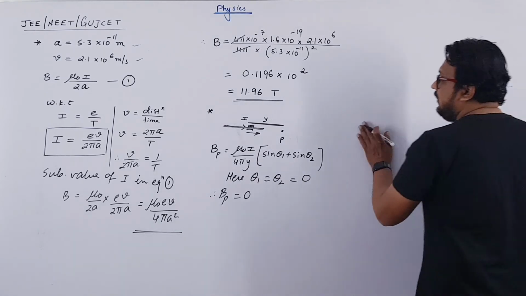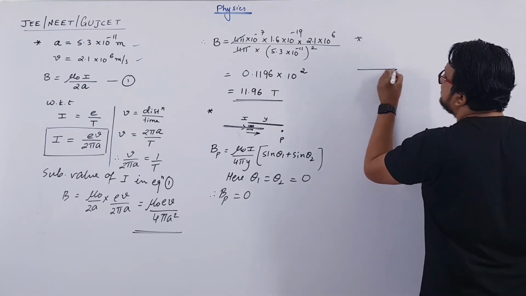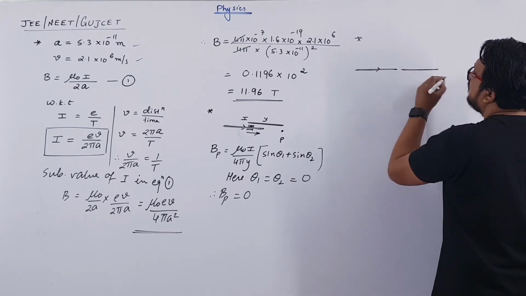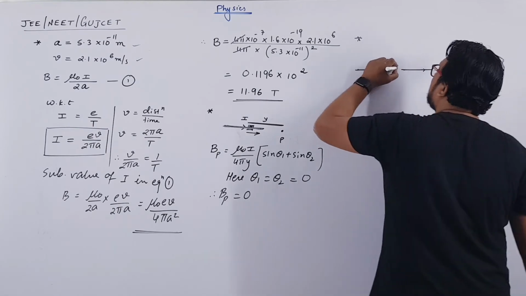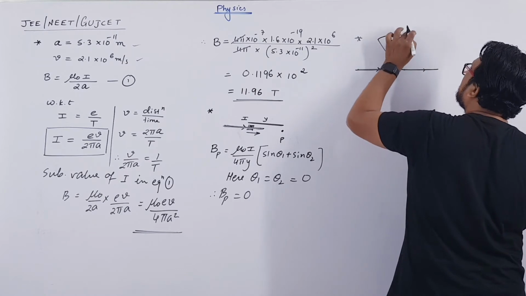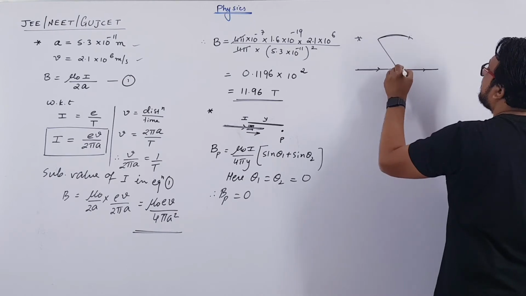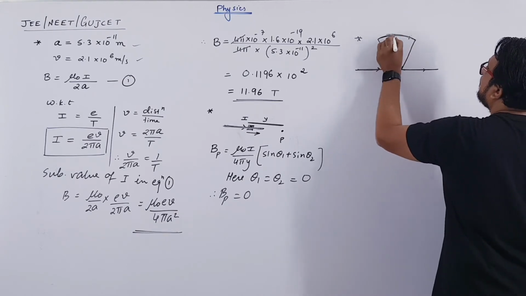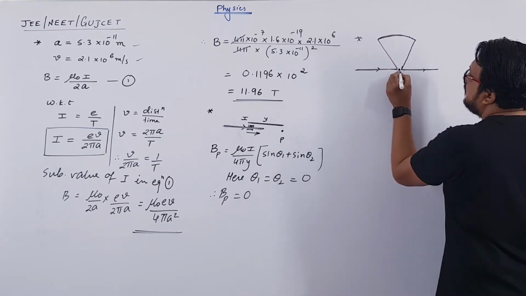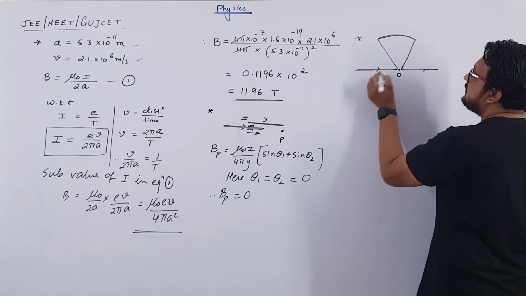So in the same way, if you have a question something like this, let us say we have a current carrying wire like this. Right, this is point O and we want to find magnetic field at this point O. Current I is flowing through this.